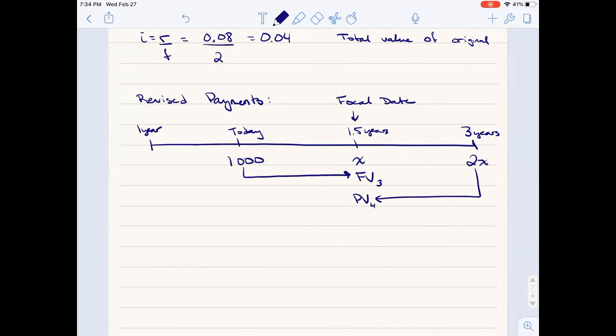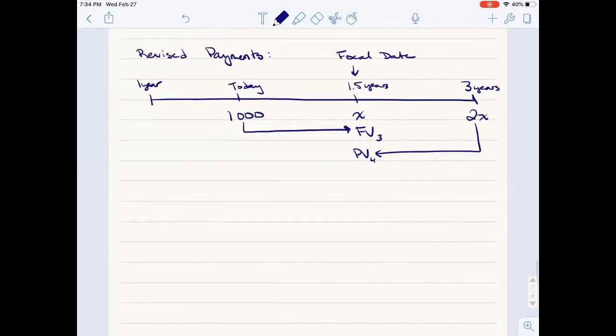Don't forget about this X here. X is an amount that we're solving for. X plus future value 3 plus present value 4, those three are the total value of the revised payments.